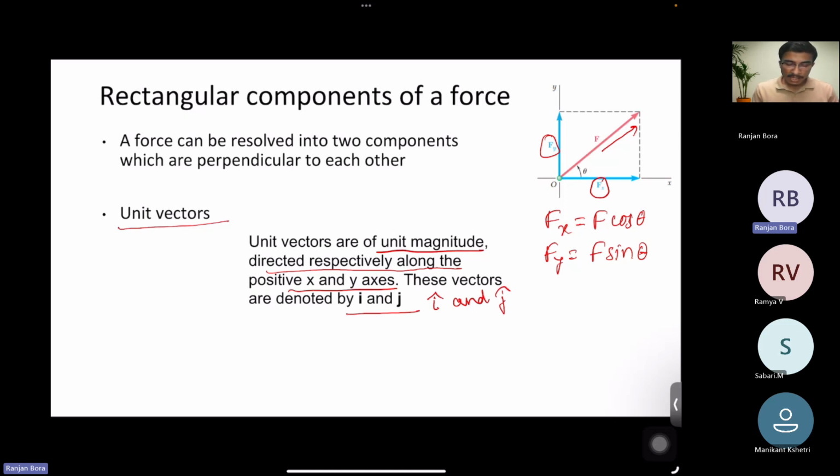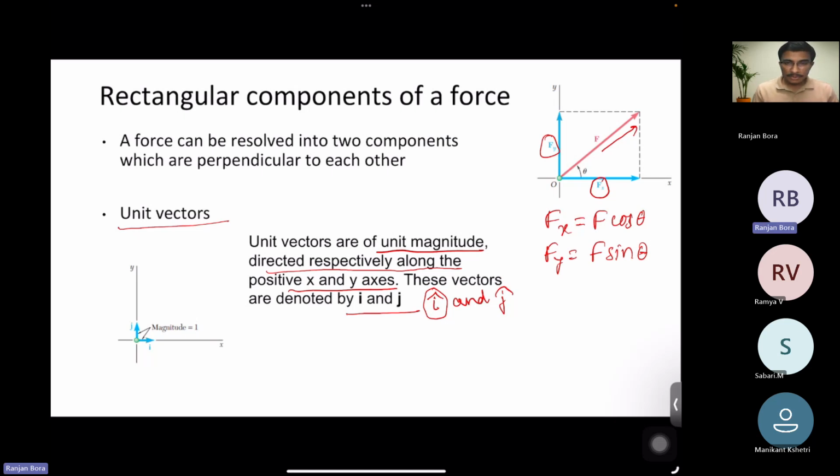A cap sign is there above i, that's why it is called i cap. You can see here in this figure, these are two unit vectors. Along the x-axis, we represent it with i, and along the y-axis, we represent it with j. And their magnitude is 1.